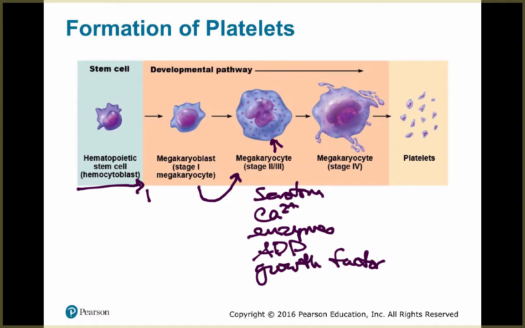Over time, they're going to pinch off and make small fragments of the cell. Growing bigger in stages 2 and 3, they make vesicles that have all these clotting factors. Then in stage 4, you're going to see them start clumping off and derive into thromboplasts, otherwise known as platelets.